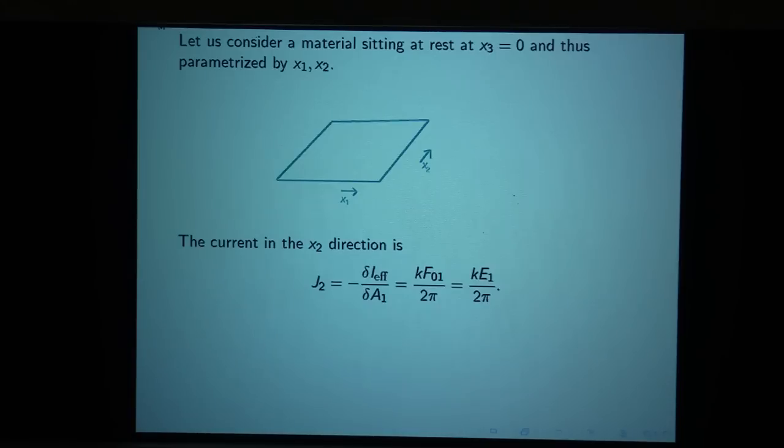So, what I've written is the reverse. J2, which is what you get by varying with respect to A2, multiplies the electric field in the one direction. So that's called a quantum Hall current, because when you turn on an electric field in the one direction, you get a current in the two direction.